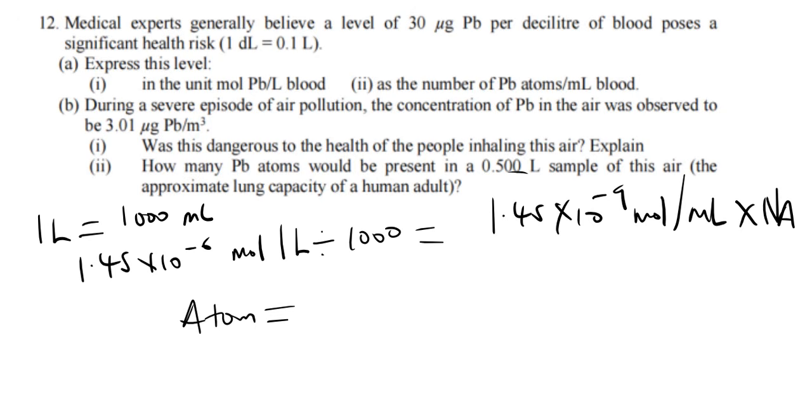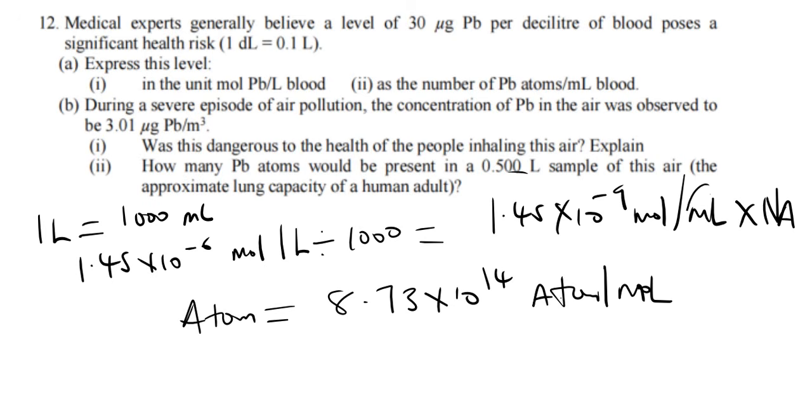I'm going to have 8.73 times 10 to the power 14 atoms per ml, because of the ml there. We just wanted to convert this mole to atoms because that's what they want there. So basically this is how you solve these questions.